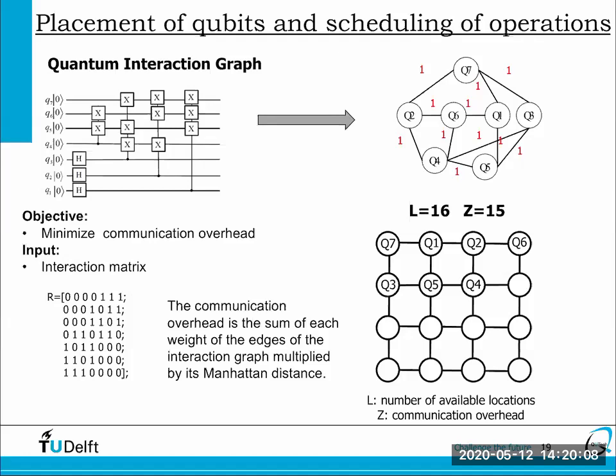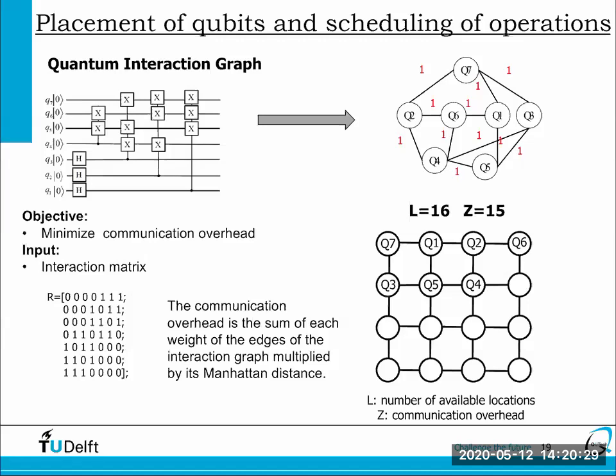For that, based on the interaction graph, you can build an interaction matrix. And what you want to minimize is the communication overhead. The communication overhead can be calculated as the sum of each of the weights of the edges of the interaction graph multiplied by its Manhattan distance.